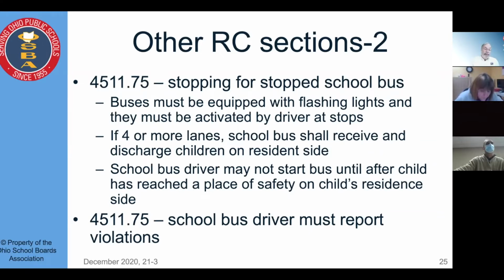If there are 4 or more lanes on the road the bus is stopped on, the school bus shall receive and discharge children on the resident side. Very clearly, children cannot be allowed to cross a 4-lane road. Folks say to me, okay, is that cross streets? What does that pertain to? Think about this as the road the bus is stopped on.